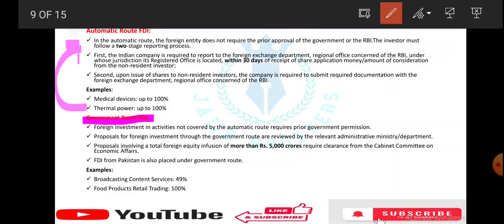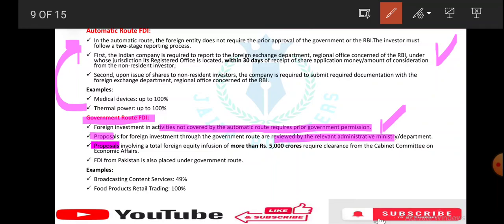Now we are going to discuss government route FDI. Here, foreign investment in activities not covered by the automatic route requires prior approval. Where approval is needed is government. Where approval is not needed is automatic. Here, these proposals are reviewed by the relevant administrative ministry.